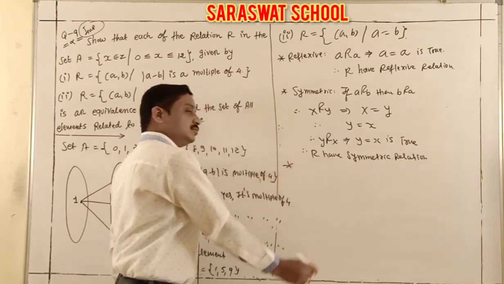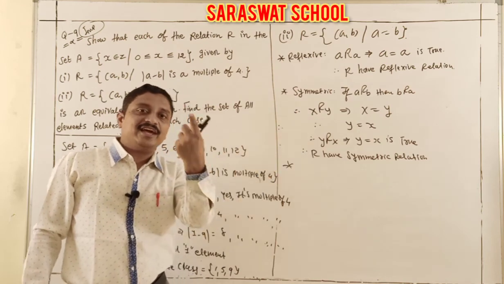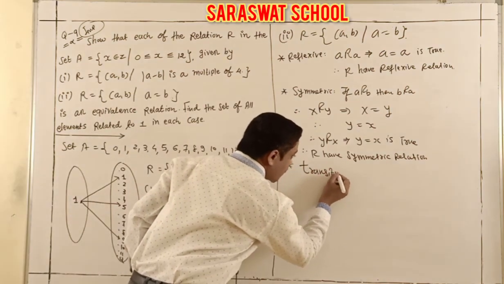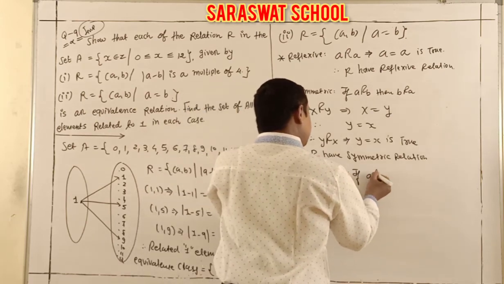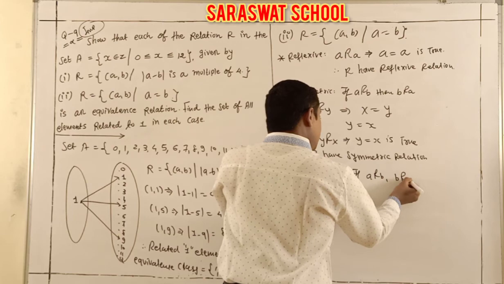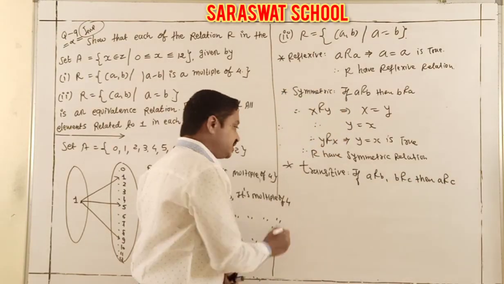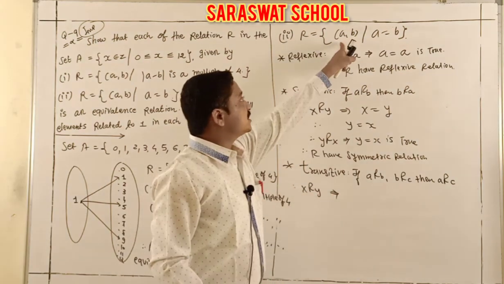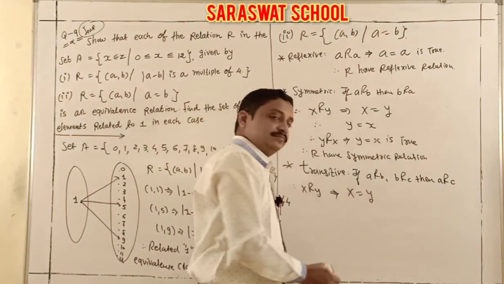Now continue, after reflexive and symmetric, transitivity. What is the transitive rule? If a relation b and b relation c, then a relation c. I take in general x relation y. What is the relation for a is equal to b? So I write down here x is equal to y.